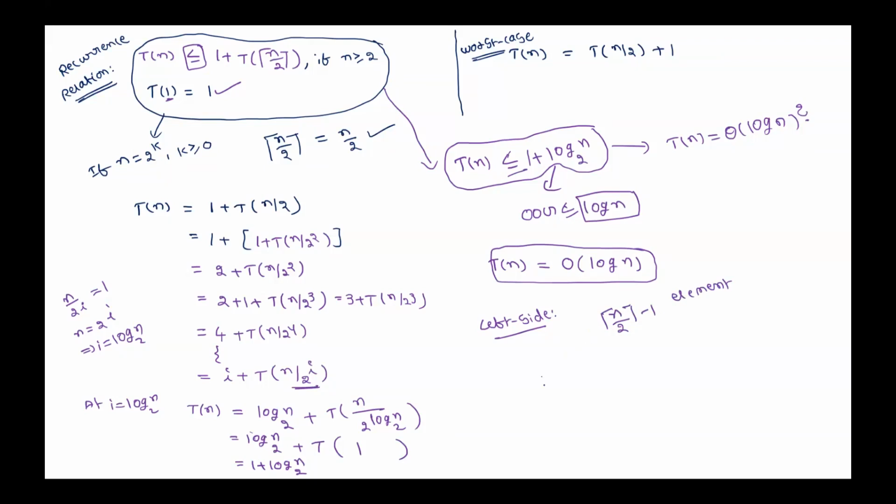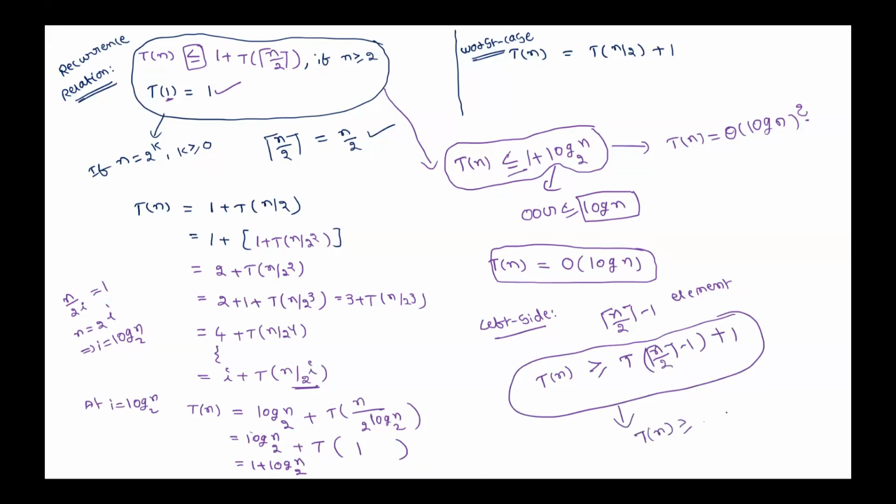So now based on this, we can even write that T of n is greater than or equal to ceiling of n by 2 minus 1 plus 1. Even if we solve this, still we can show that T of n is greater than or equal to something into log n.